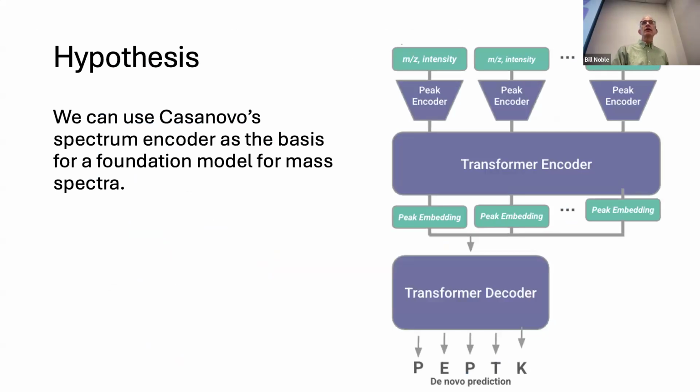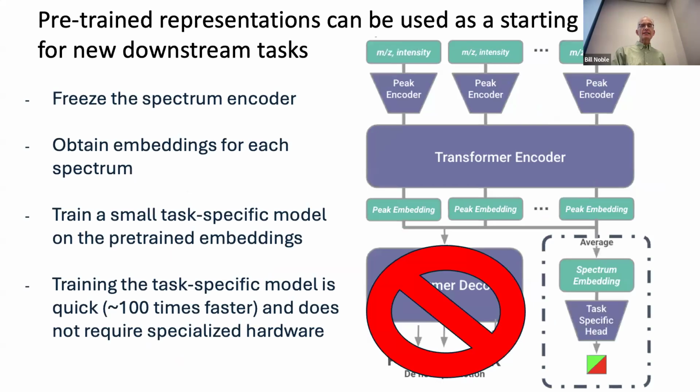And the idea is you take the Casanovo model and you just X out the second transformer. We're not going to use that transformer at all, but we're going to freeze the encoder. And then we're going to put a task-specific prediction head on. This is going to be a small predictor with a relatively small number of parameters that you can train quickly, even on a CPU. So there's a lot of compute that goes into this one, but this part is relatively cheap.